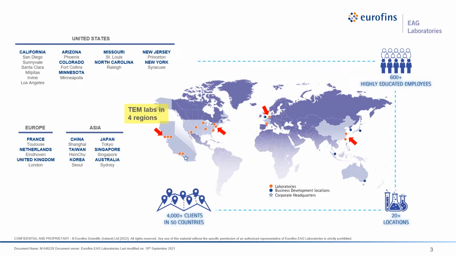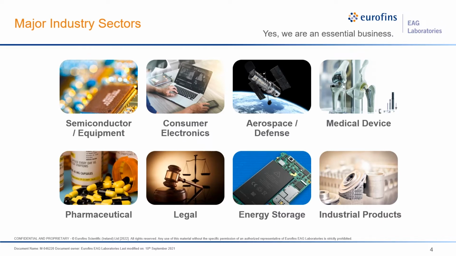So we are everywhere. Also, just to let you know, we are an essential business. For example, we support the medical device industry, pharmaceutical industry. We also support semiconductor equipment companies, consumer electronics. So this is actually only a partial list of our industries.